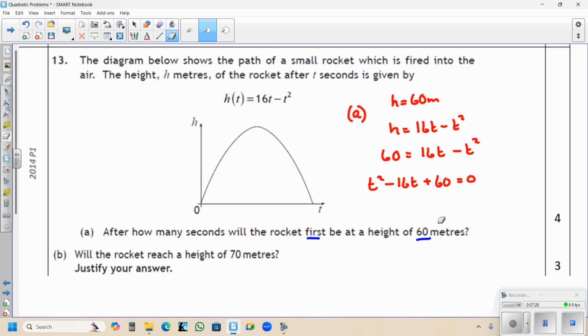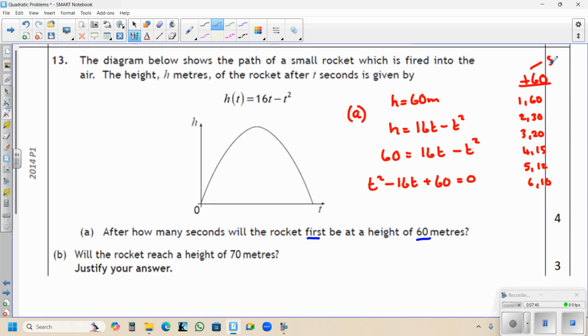Now, what do we do with quadratic equations? We factorise them and we solve them. So I'm looking for 2 numbers that multiply to give me plus 60. 60 has quite a few factors, so it's 1 and 60, 2 and 30, 3 and 20, 4 and 15, 5 and 12, 6 and 10. So what do we know?